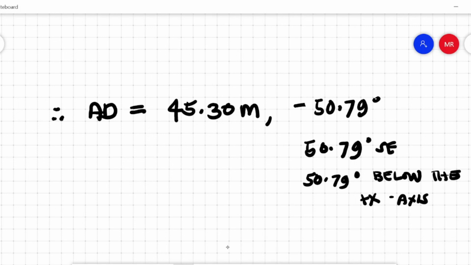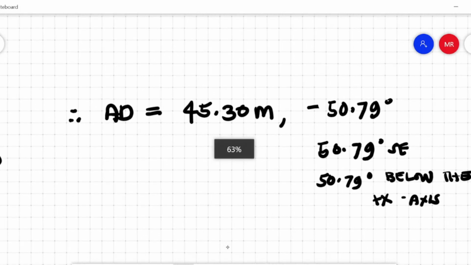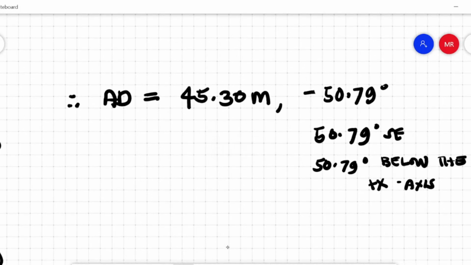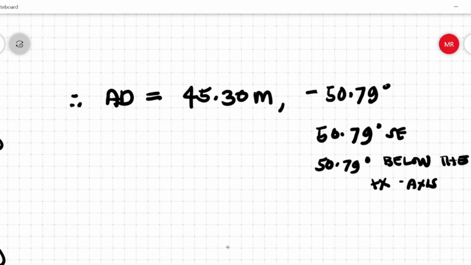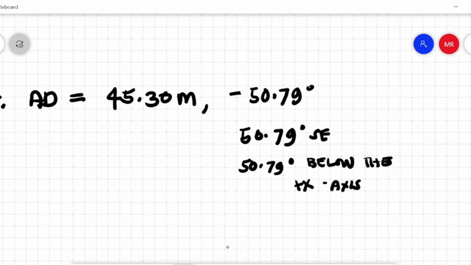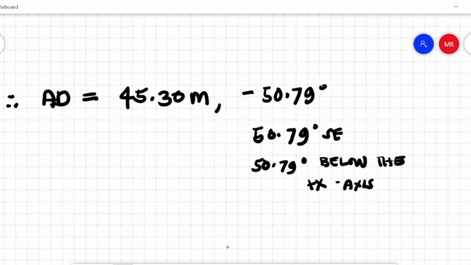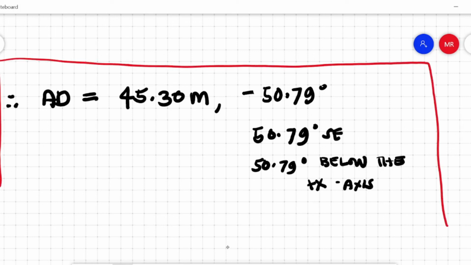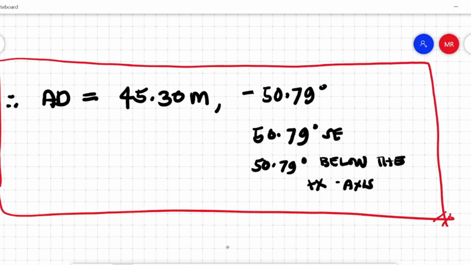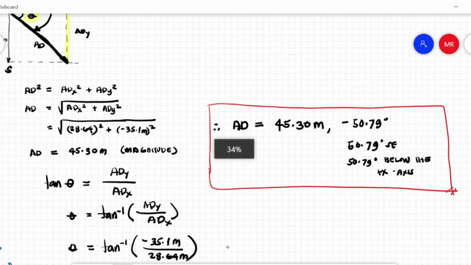So you choose whichever way you will describe the angle. So this is now our final answer for the resultant vector, which is equal to 45.30 meters with an angle of negative 50.79 degrees, or you can state it as 50.79 south of east, or 50.79 degrees below the positive x-axis.